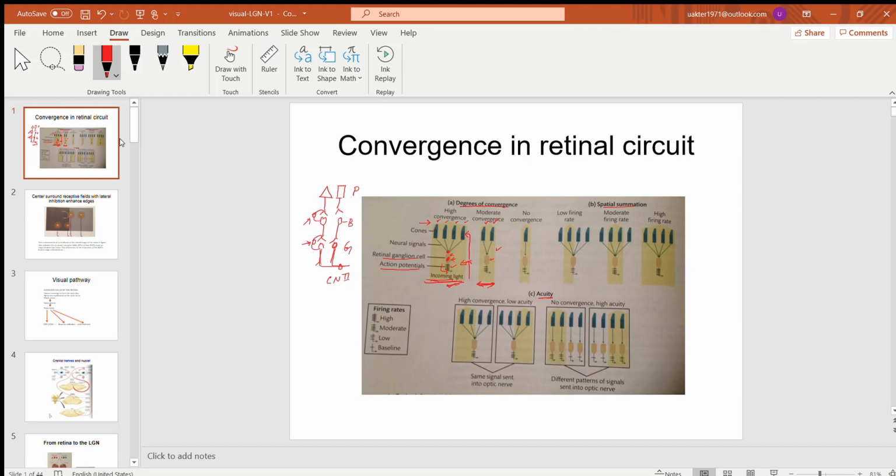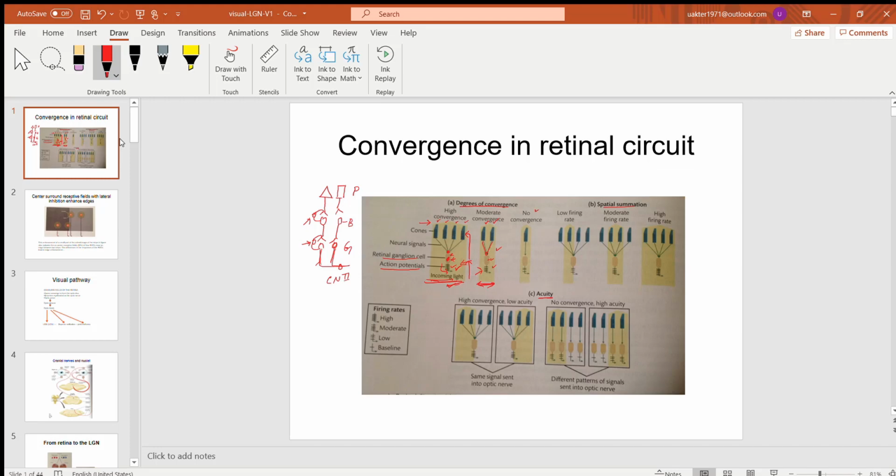And from these 2, the convergence would occur on this ganglion cell, right? So that will also activate the ganglion cell, but the firing will be less, or weaker, than this one. So more convergence, more activation of the ganglion cells. Make sense? That means the brain will get a stronger signal.